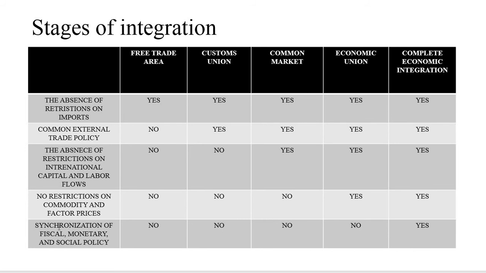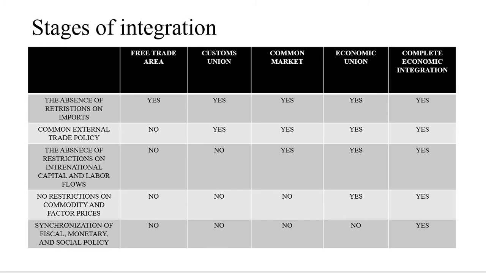And finally, complete economic integration implies full synchronization of fiscal, monetary, and social policy. So fully synchronized fiscal policy, the same taxes, the same size of government spending, fully uniform social policy, the same size of retirement benefits, unemployment benefits, and so on and so forth. And monetary policy synchronization basically means a single currency.